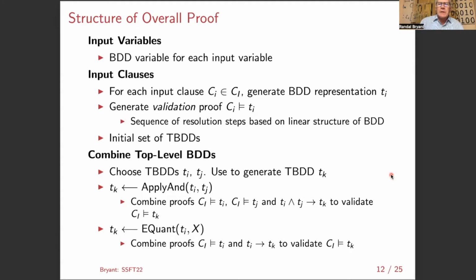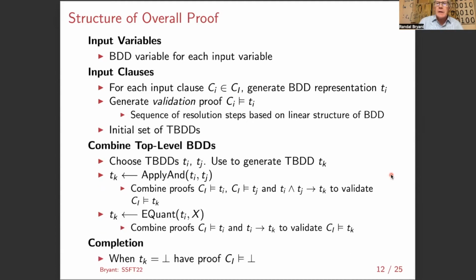And so this invariant will be maintained as we proceed throughout the SAT solving process. And in the end, when we have a BDD representing leaf 0, which we've derived from that, we can trust that BDD, meaning we have proved that the input clauses imply the empty clause.